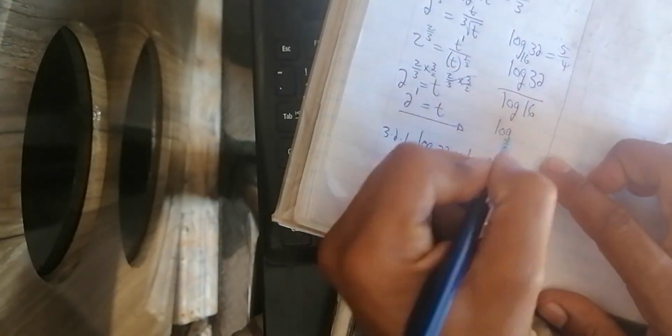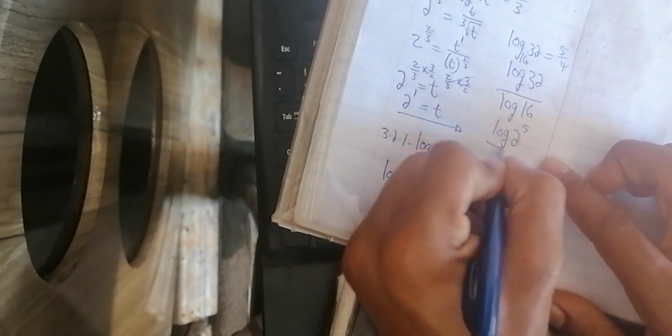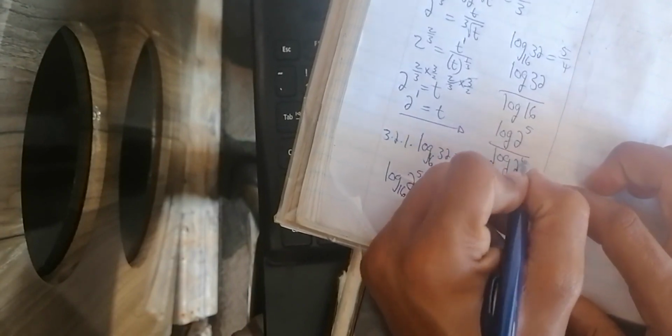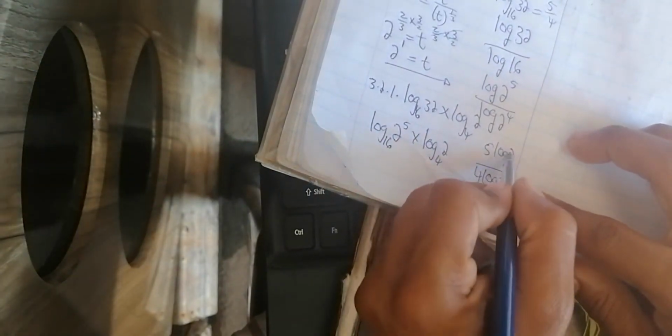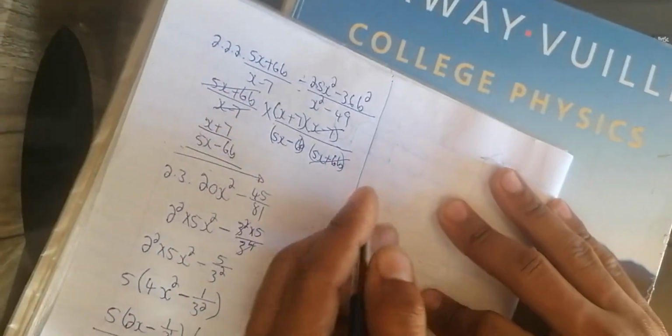This would be log 2 to the 5 all over log 2 to the 4. Take this to the front, you would get 5 log 2 all over 4 log 2. Are you with me? Now look, this into this goes once, you have 5 divided by 4. Can you see that?